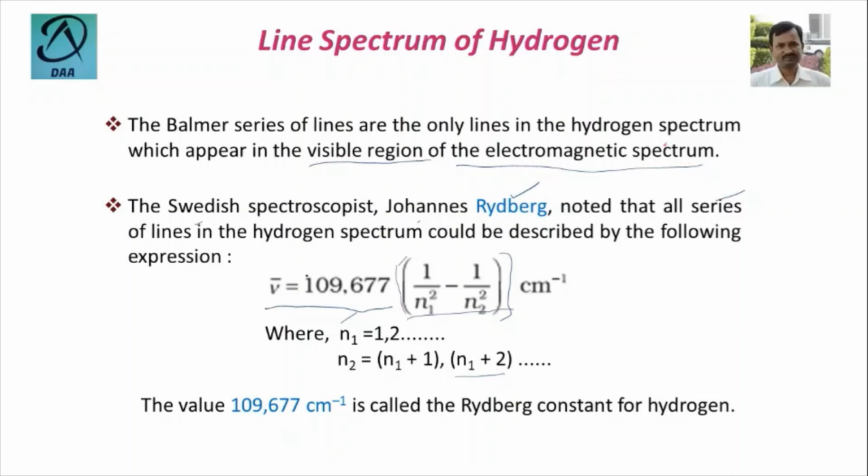This constant value, 109677, is called the Rydberg constant for hydrogen. We have to always put this for hydrogen. So what is the Rydberg constant for hydrogen? Its value is 109677 cm inverse.